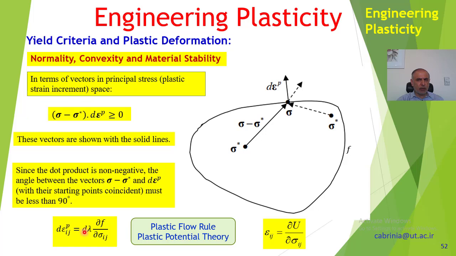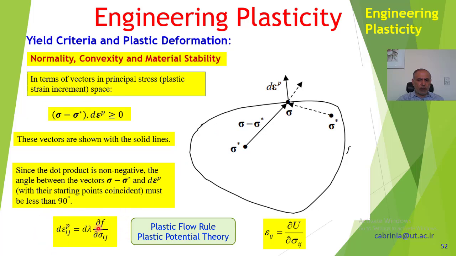So this lambda also changes instantaneously, but it's constant. So that's partial f to partial sigma ij. What is this f? It is the yield surface. So partial f to partial sigma ij is a vector perpendicular to the yield surface.